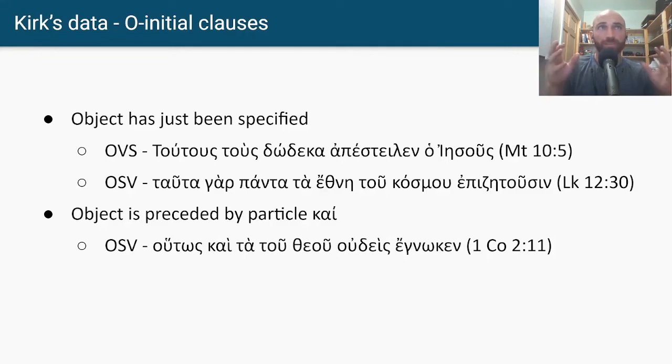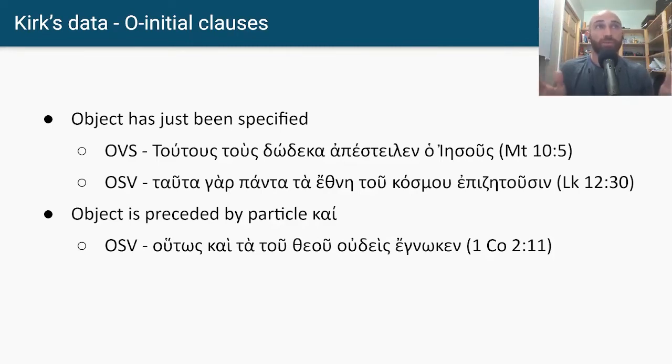In the context of Matthew 10:5, they were just named, so now it's referring back to these 12. And it says apesteilen Iesous, Jesus sent out. So when you have just specified the object, you can refer back to it in the first position, and that serves some sort of topical function.